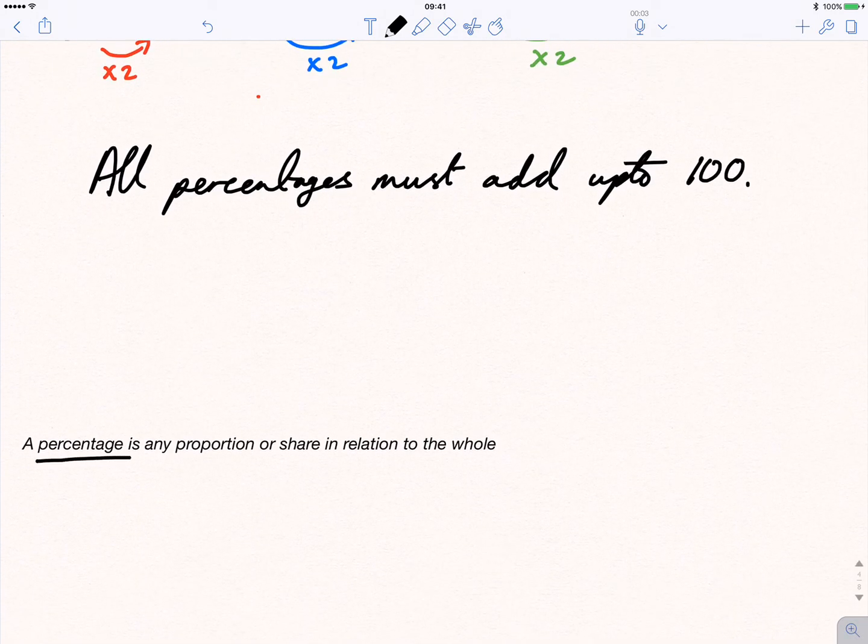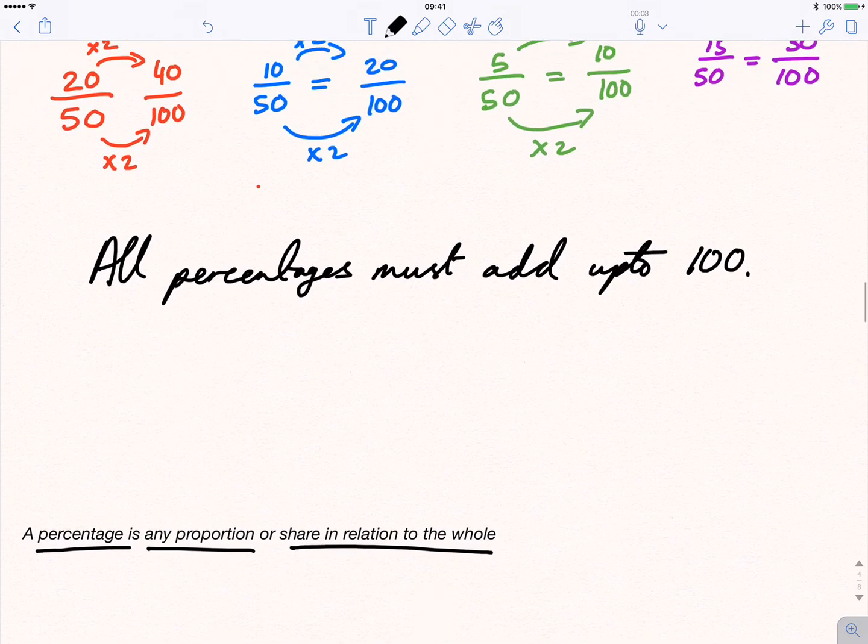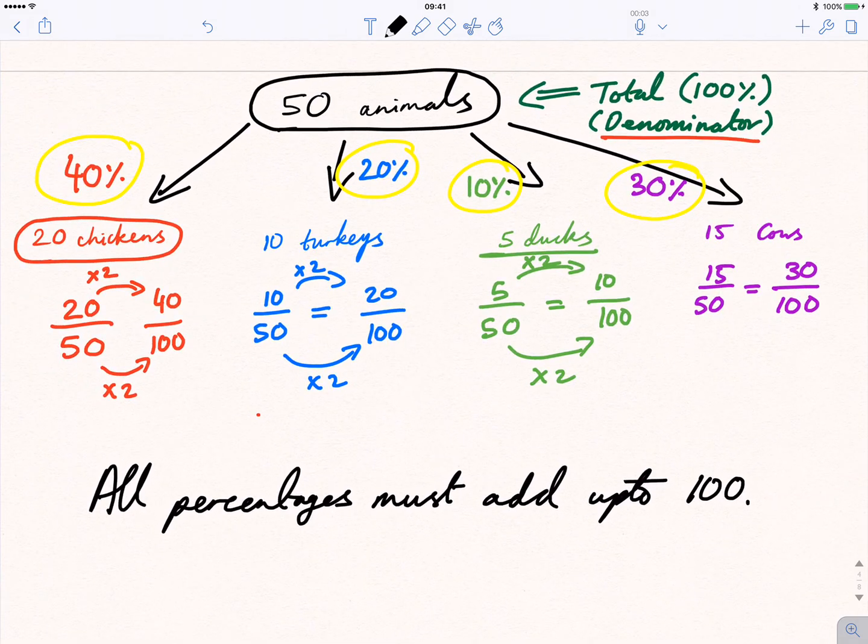A percentage is any proportion or share in relation to the whole. You see here, when we say the chickens make up 40%, the 40% is with respect to the total.